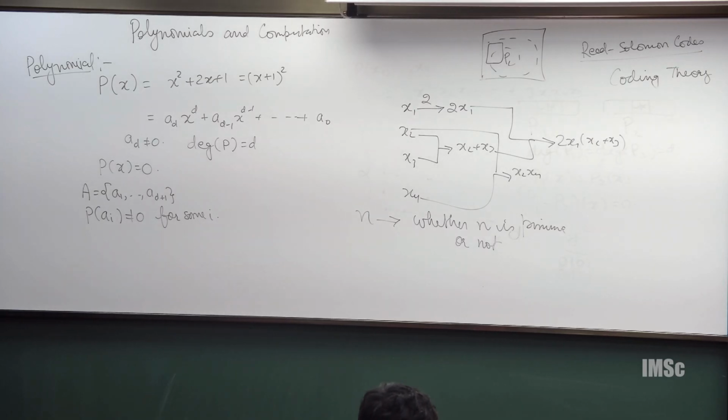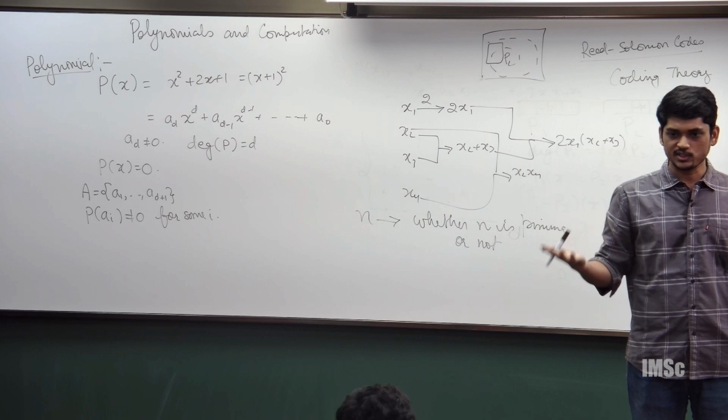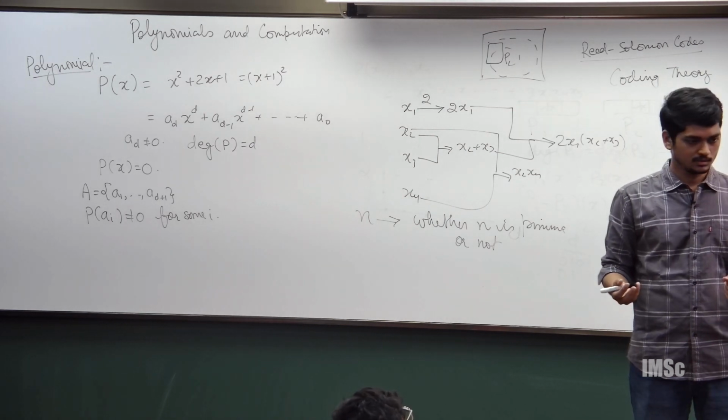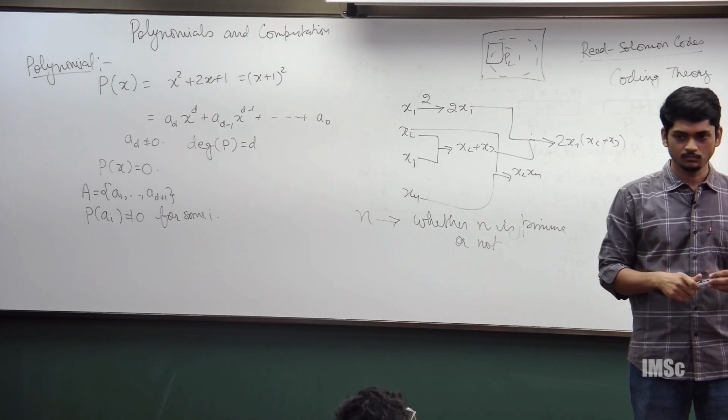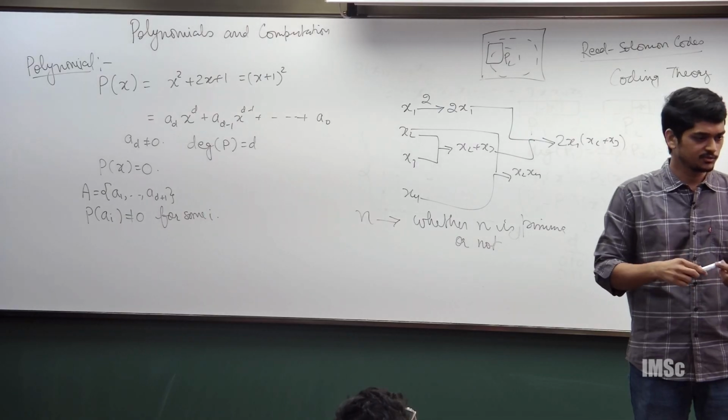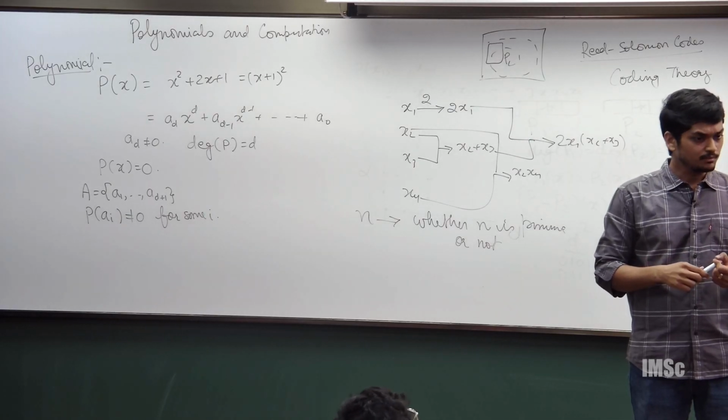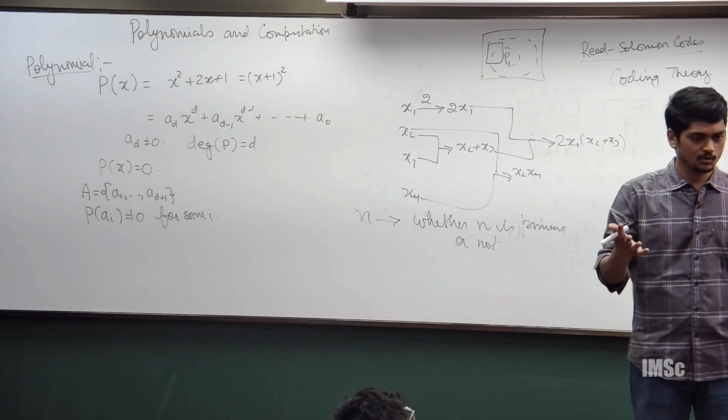But as n grows, this is a lot of time, because a number you can actually represent by very few bits. How many bits do you need to represent a number? Let us say the number is n, how many bits would you need? Not n bits, log n bits, somewhere around log n bits.